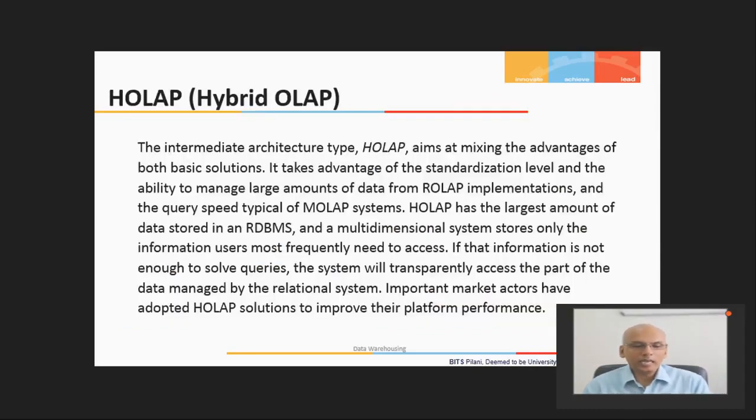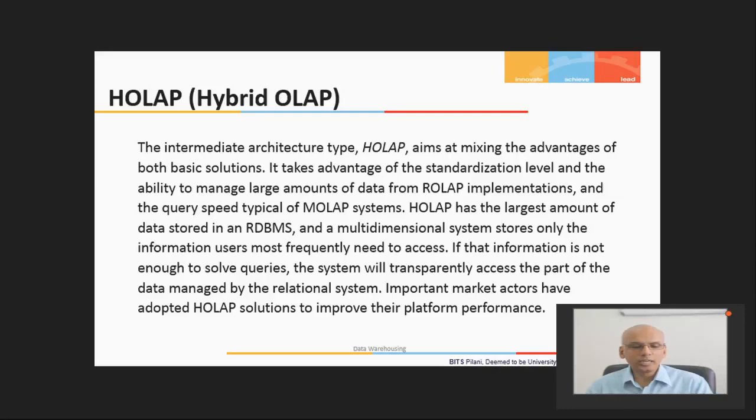There is another upcoming area which people are bringing in to get the advantages of both ROLAP and MOLAP. This is sometimes referred to as hybrid OLAP or HOLAP. They use ROLAP to some extent, so you have the ability to manage large amounts of data, but you also get the query speed and analysis efficiency that MOLAP provides.